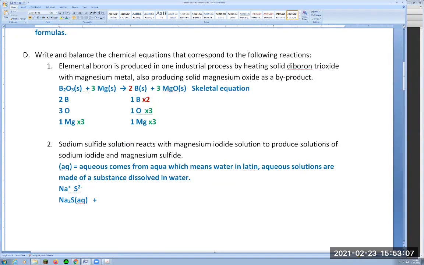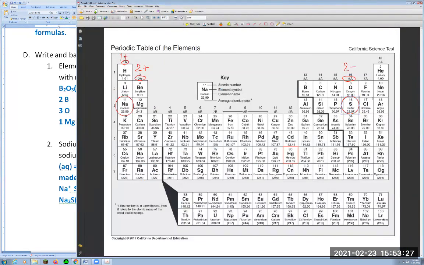Okay, it reacts with magnesium iodide solution. So another solution which is made of magnesium. So we saw earlier magnesium is a 2+ ion, right? From group 2A, so 2+ ion. Iodide, so let's look for iodine.